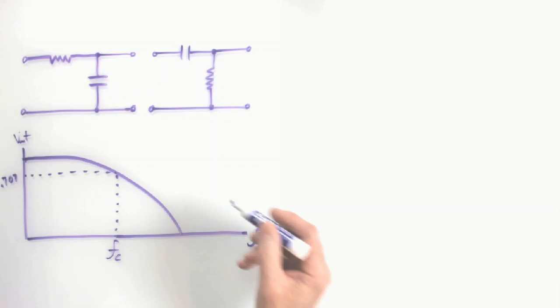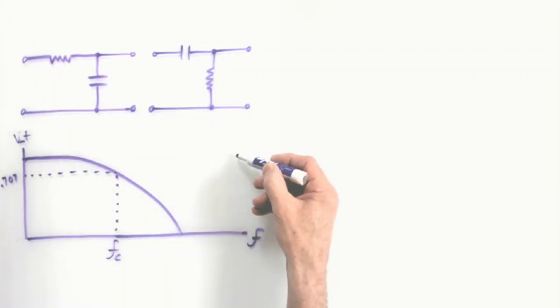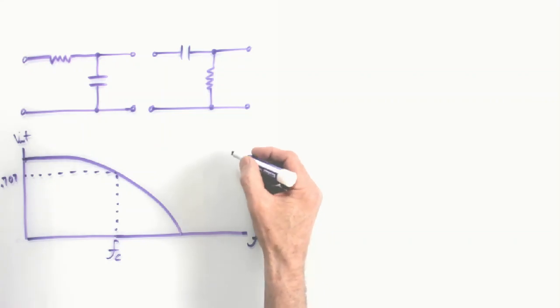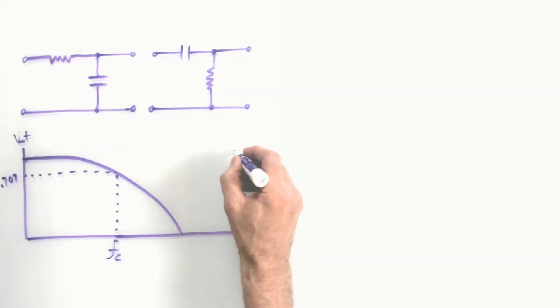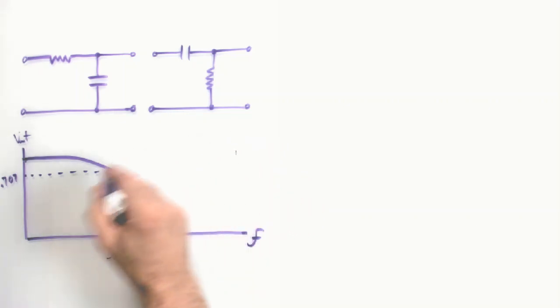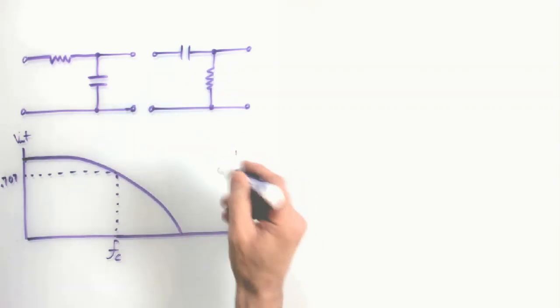So if we draw that frequency response, we said high frequencies, here at the high end of the scale, are fine. The cap looks like a short at the very high end, or definitely very low impedance here. And then as frequency decreases, that's where our output voltage is going to decrease, because the cap starts to look more and more like an open.